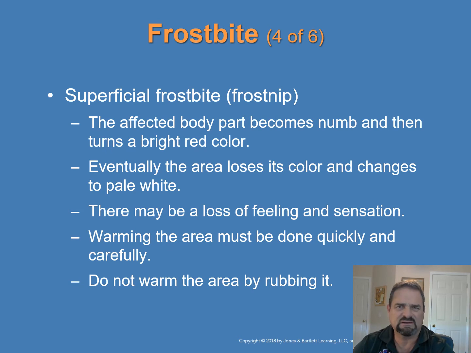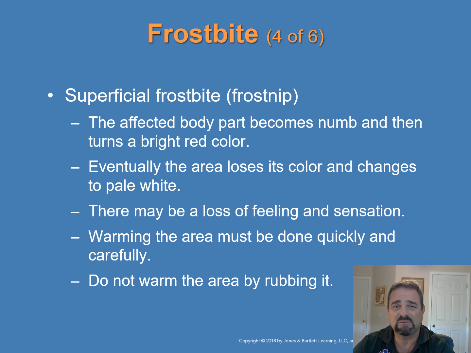Superficial frostbite: the affected body part becomes numb and then turns a bright red kind of color. Eventually the area loses its color and changes to a pale white. There may be a loss of feeling and sensation to the injured area. Treatment is warming. Warming a superficial frostbitten area or part must be done quickly and carefully.